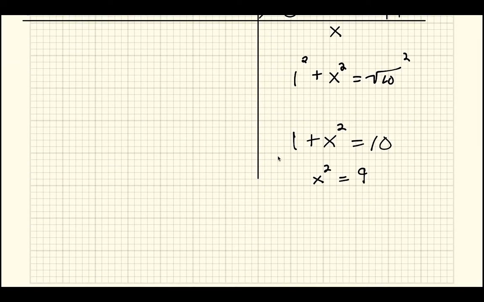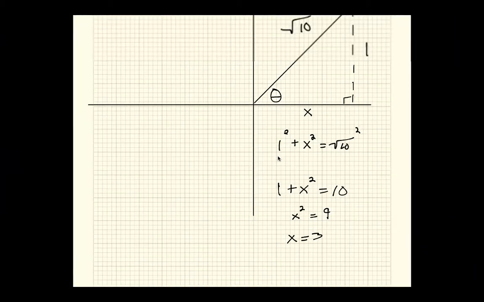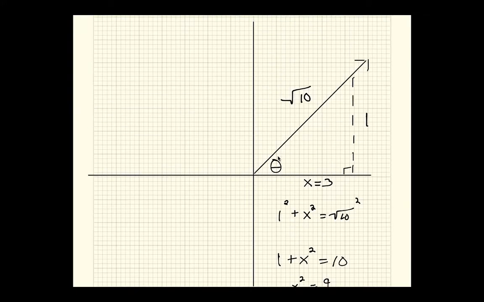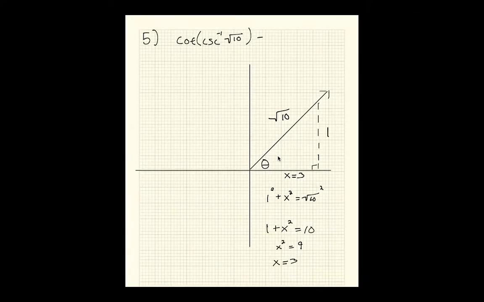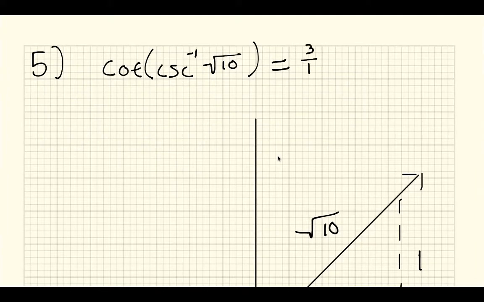If you square root that, x is going to be 3. So what is the cotan of this angle? Even though I don't have the exact degrees, I can find that. Again, that is x over y, so 3 over 1, which is fine. Just writing that as 3 would be perfect. Answer to number 5 is 3.